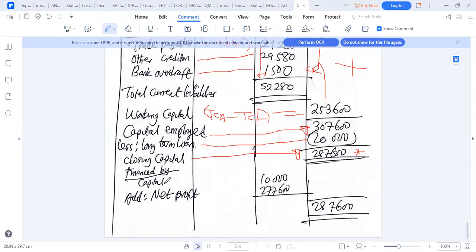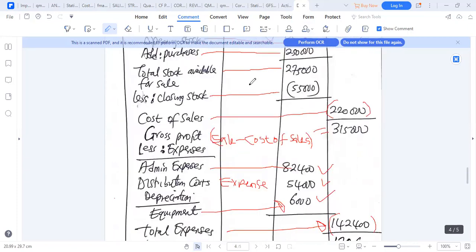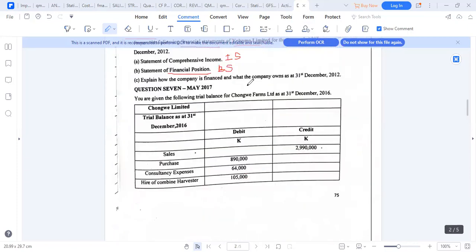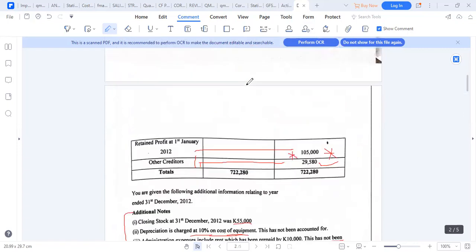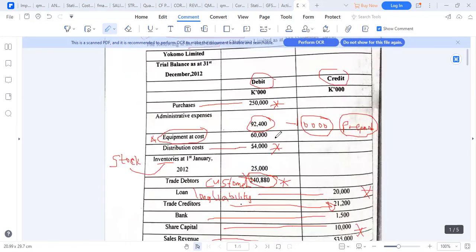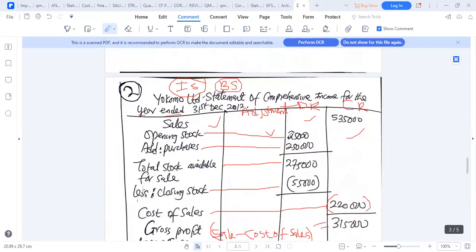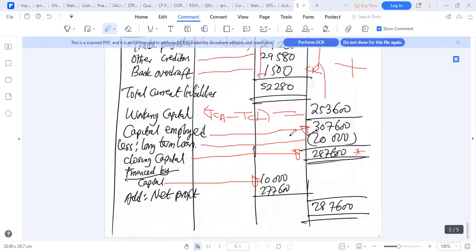Now, the business was financed by capital. We go back and check the capital base that the company started with. Getting down to this, we have the opening capital of 10,000 that Yokomo Limited started with. After that, we can say the capital base is this, add net profit.